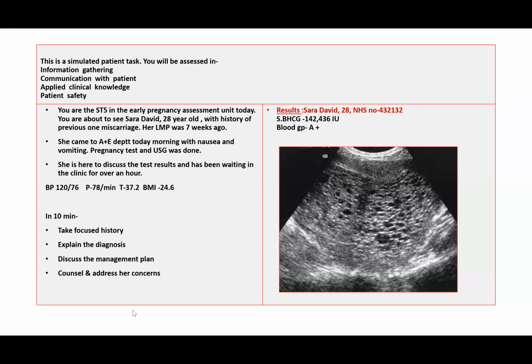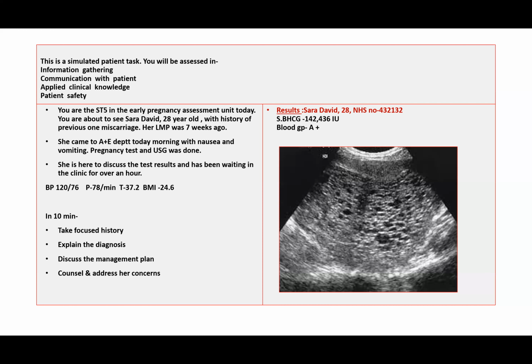Okay, Sarah, could you tell me more about your first miscarriage? At how many weeks, what was the outcome, and how was it treated? Yes, that was also around 6 weeks, and it was a spontaneous miscarriage. All right. Okay, so is this relationship your first relationship or did you have others before?